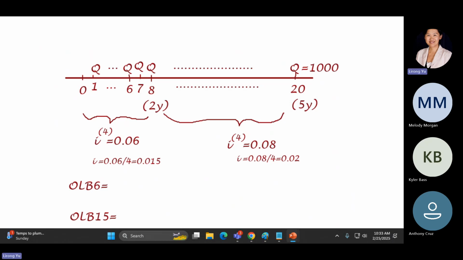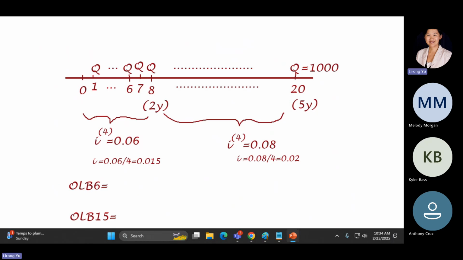Between year 0 and year 2 the interest rate is 6% quarterly, and then from year 2 to year 5 the interest rate is 8%. I'm trying to draw everything that's already considered here. Now this layout displays all the information given in the question, but you want to organize it in a way that's easier to follow with our formula. Any questions?